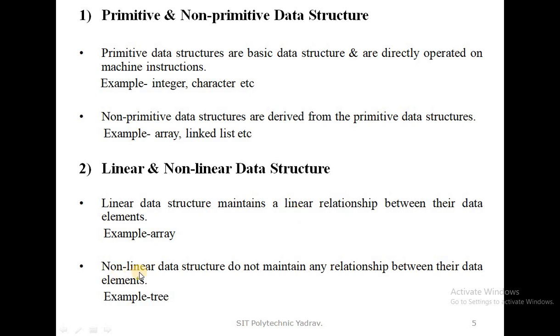In a non-linear data structure, they do not maintain any such relationship between their data elements. For example, tree. Means what? In a non-linear data structure, the elements do not have a relationship with each other.